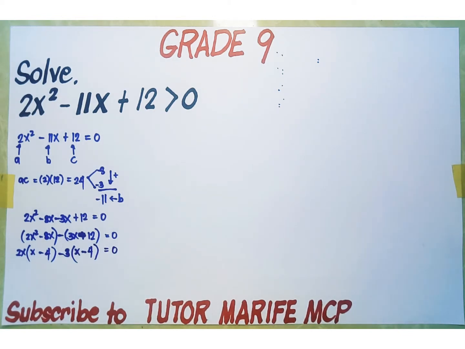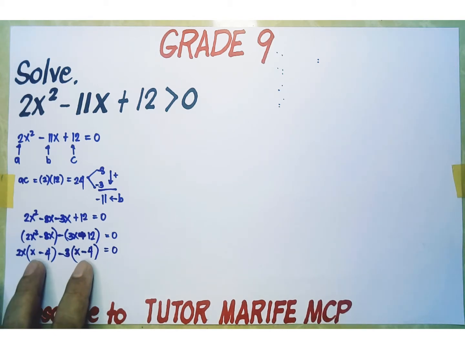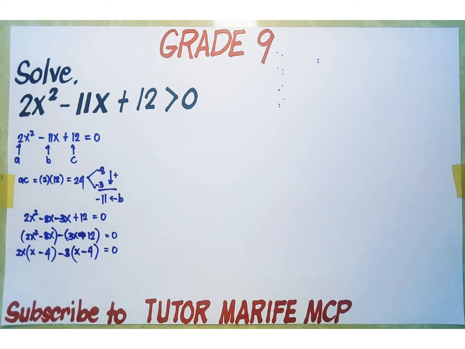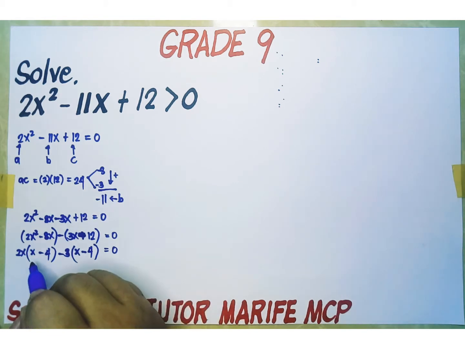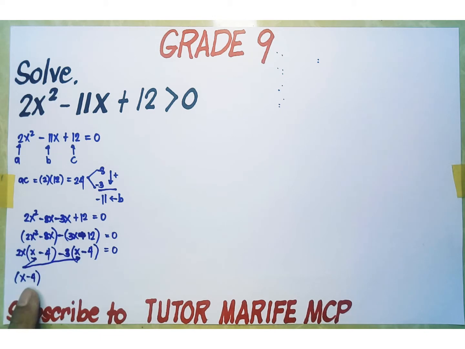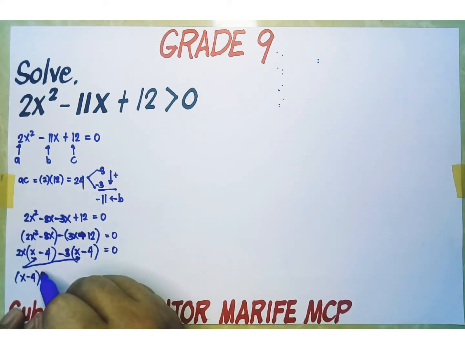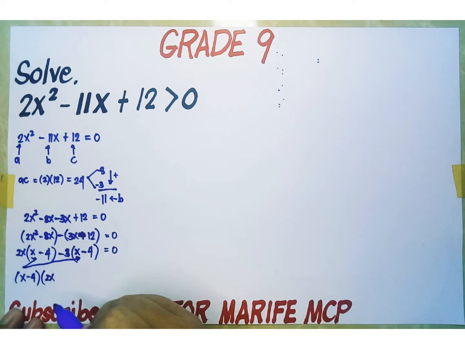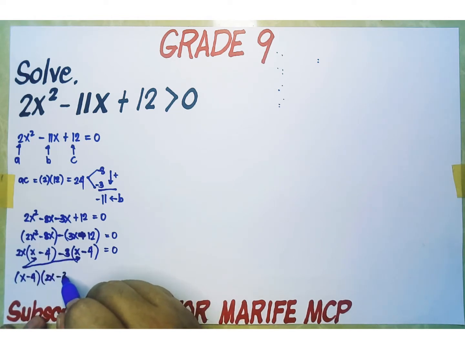To validate if your grouping is correct, you should arrive at a common binomial factor. So notice that we have a common binomial factor. It's x minus 4. We factor out the common binomial factor. So if you factor this out, we're left with 2x and negative 3.